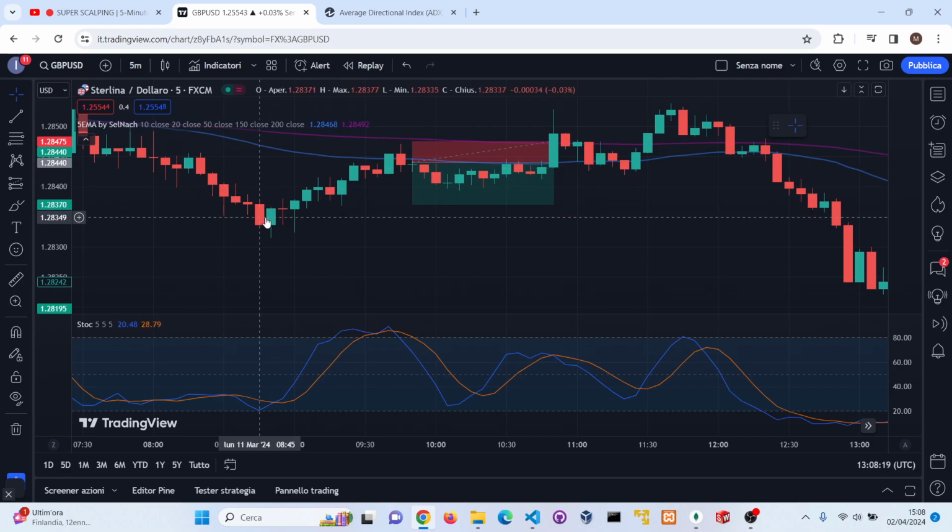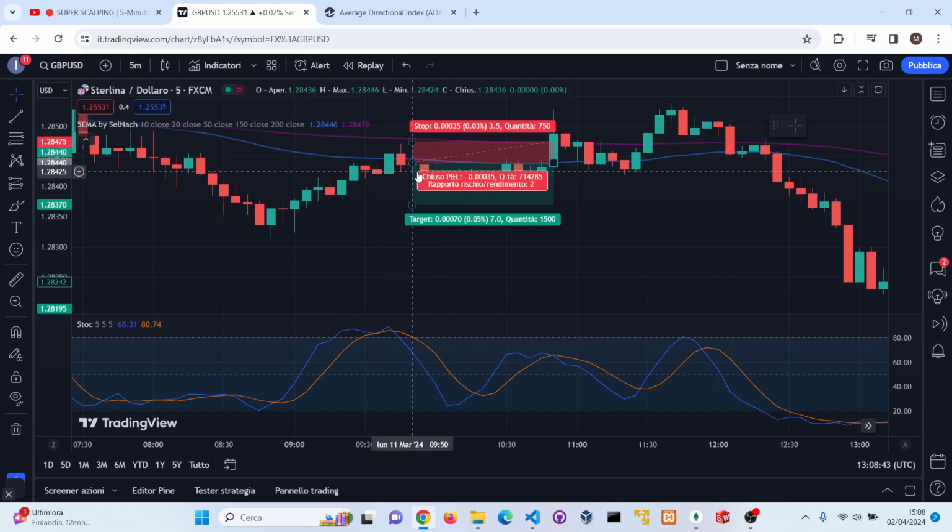Then our data closes above the MA 50, and then the data closes below the MA 50, but it doesn't touch the MA 150. So you can take a short position. The risk to reward ratio is 2 because he suggested it, and it was a fail.